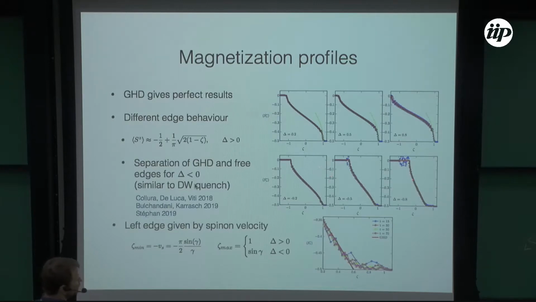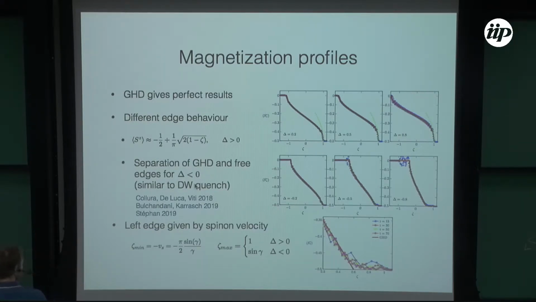And for attractive interactions, there are other issues actually on the other end, which look even more wild. This is harder to comprehend, but this must be, again, some effect beyond GHD, so these are some particles which escape from the bulk.